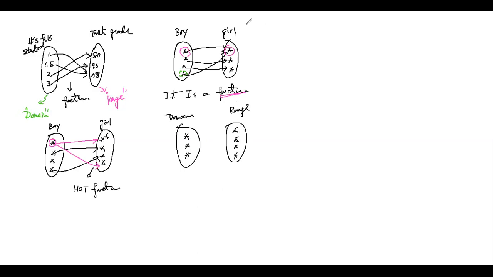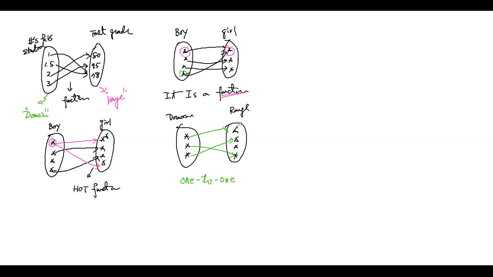If your function is defined like this, then for each element here, they can only find one element in the range. So we call this the 1-to-1. One boy, one girl, one boy, one girl, one boy, one girl. We call this the 1-to-1.